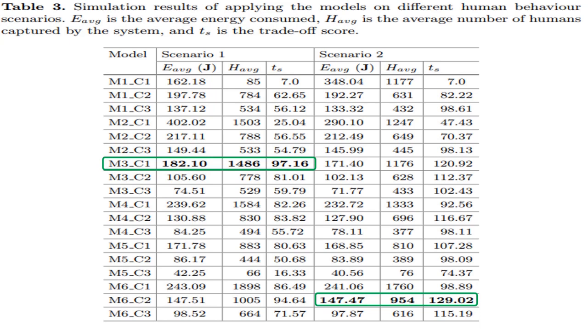The result shows, in the first scenario that we modeled, that Model 3 with configuration 1 provides the highest trade-off score by giving more preference to quality of experience without compromising too much of the quality of service. The second scenario says that model 6 with configuration 2 offers the highest trade-off score value. So it is different from scenario 1.